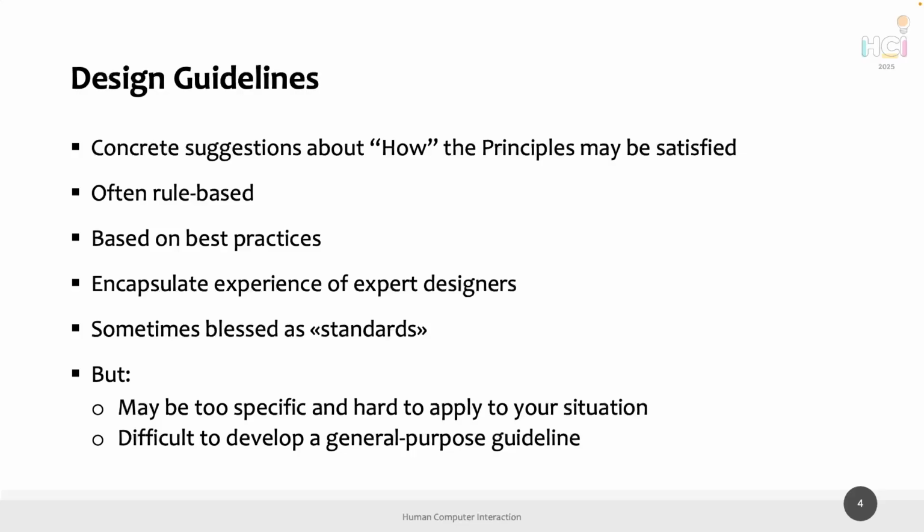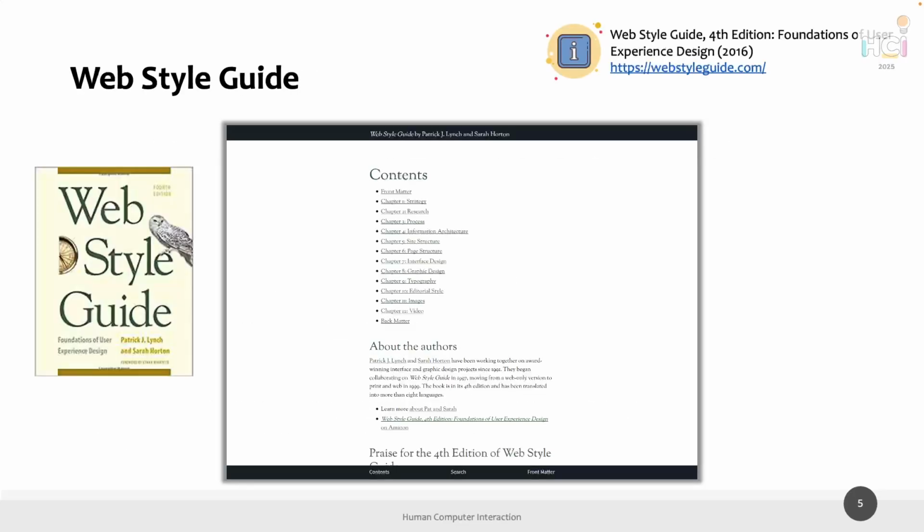But be aware that guidelines can also be too specific and hard to apply to your situation, because it's very difficult to develop a general purpose guideline. If you are looking for something general purpose, probably you should look for a principle. Some examples. This is a website.